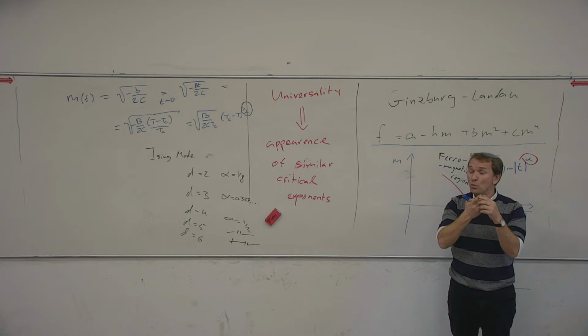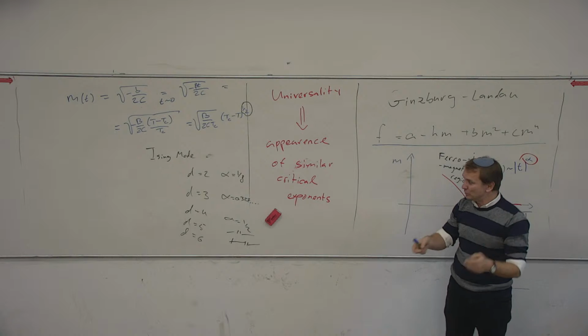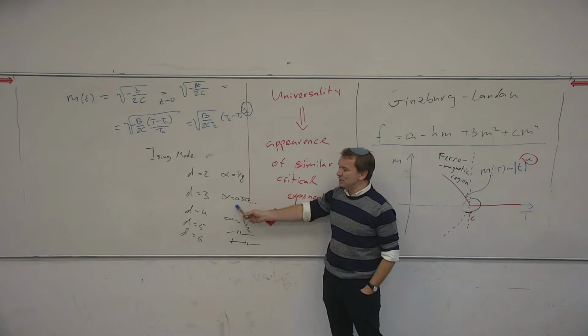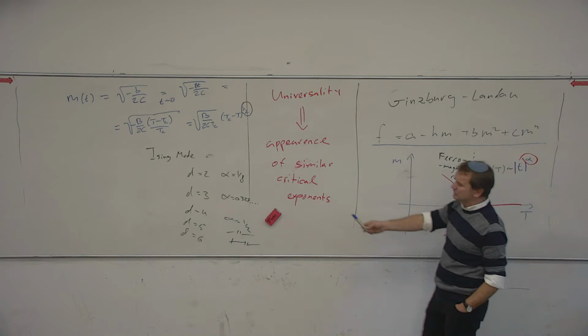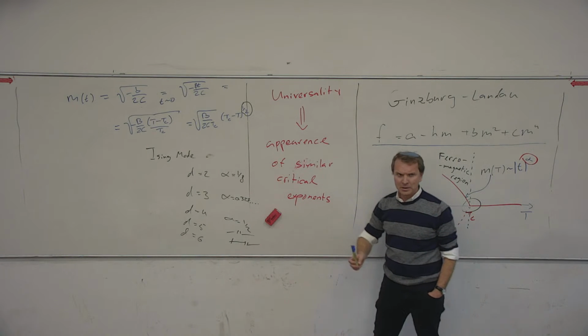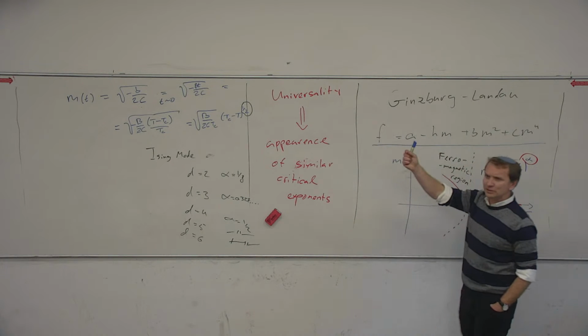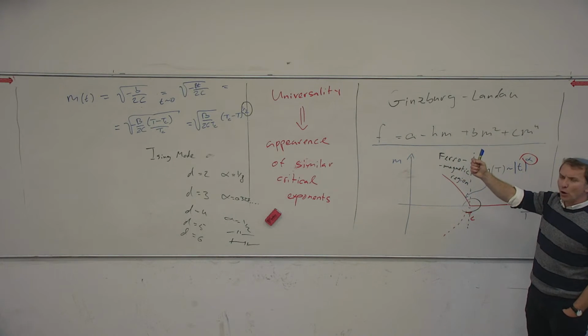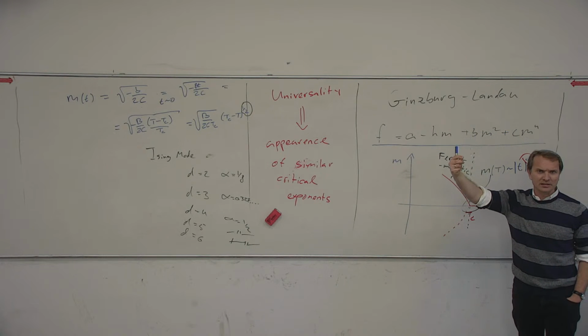I haven't told you why or how they're small, and they are not really small when we're looking at d equals 2 and d equals 3. They are really important and they modify the result, but alpha is not really far away. In general, the physics stays the same. You do have critical exponents. We are a little bit off, but we still can understand why they are there.